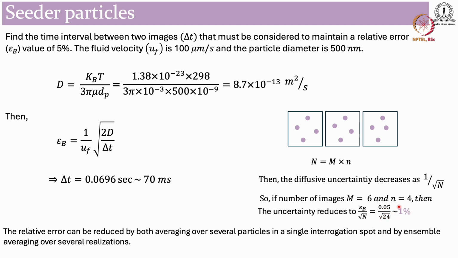This gives you a relative error of around 1%. So if you do a lot of experiments, you can get a lot of images and you can reduce the uncertainty error. However, doing a lot of experiments and ensemble averaging over larger realizations becomes very challenging over time. And yeah, this is how you can deal with the relative error that arises because of the Brownian motion.